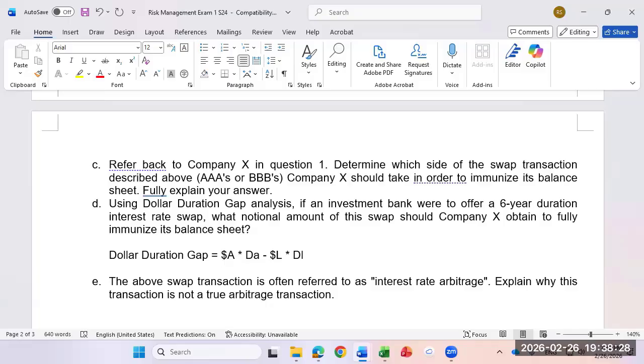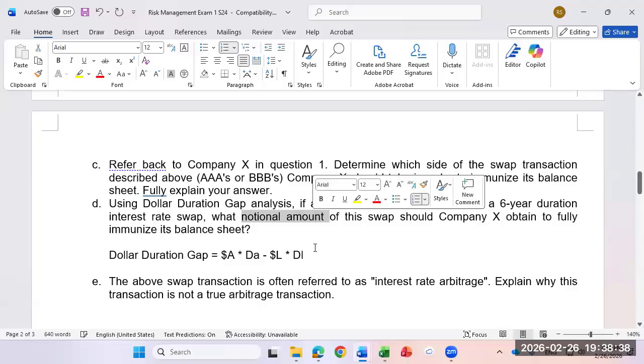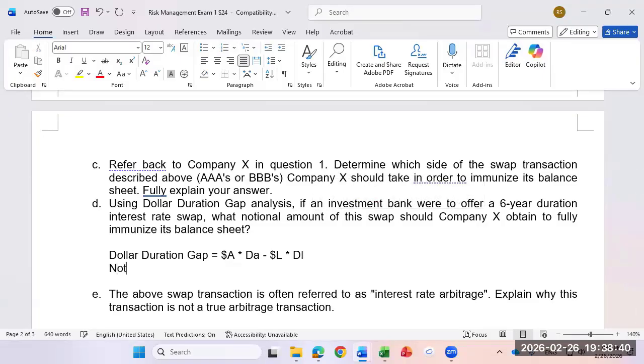That number divided by whatever the duration is of your swap is going to tell you what? What are we looking for here? The notional amount. The notional is going to equal the dollar duration divided by the available duration.